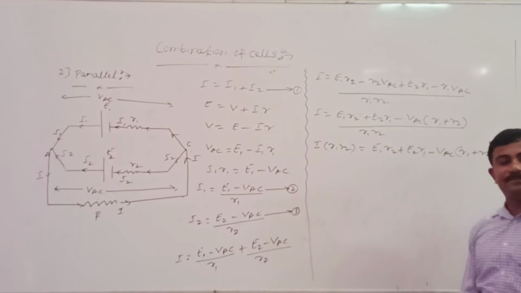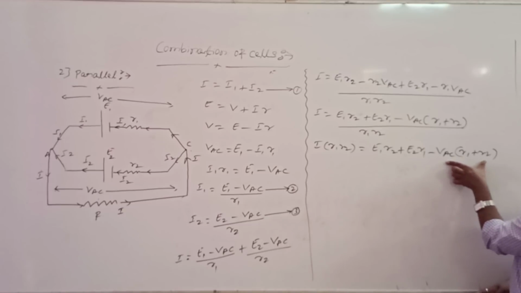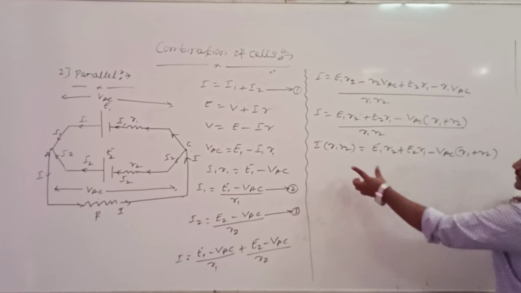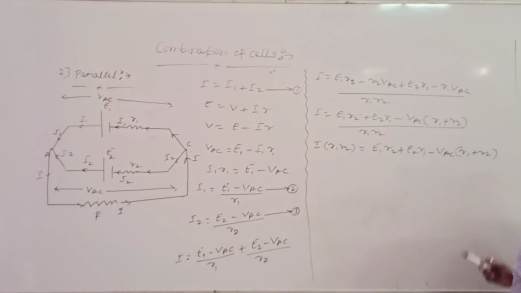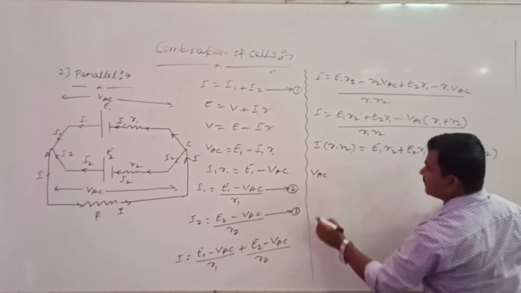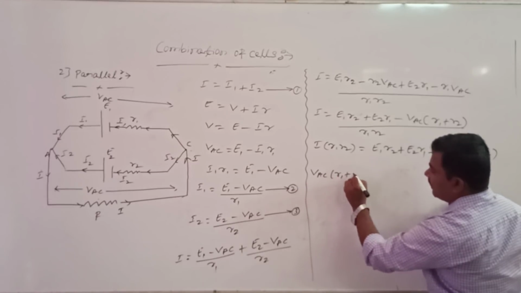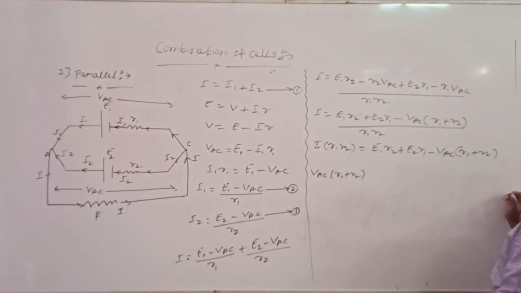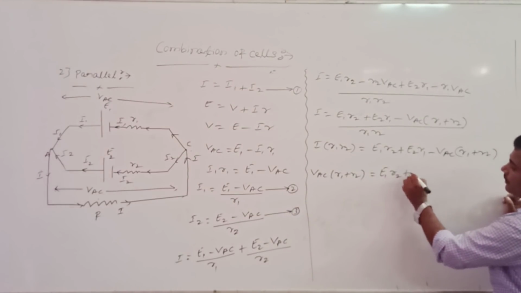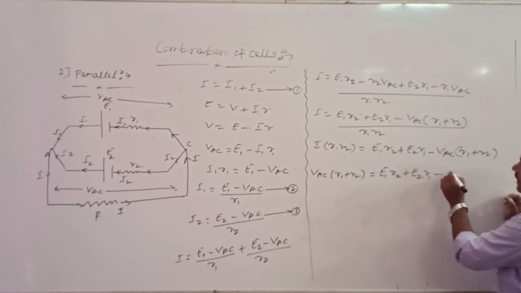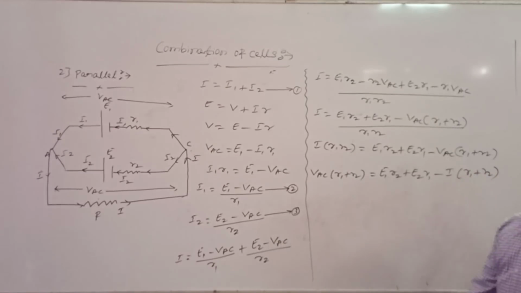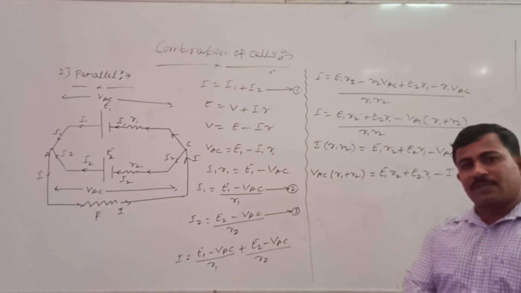How does this step look? Again, shift this value to the right side and bring this one to the other side. This term I want to bring to this side and this one to that side. So what does this term become? Potential difference VAC into bracket R1 plus R2 is available. Right? Equal to E1 R2 plus E2 R1 minus I into bracket R1 R2. Is it correct, students?